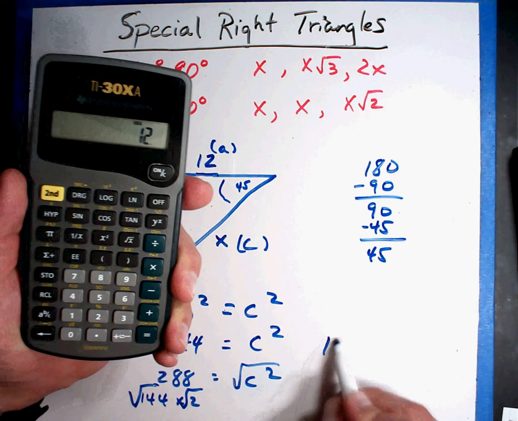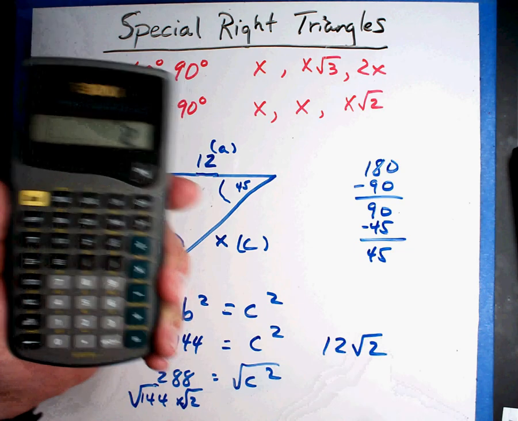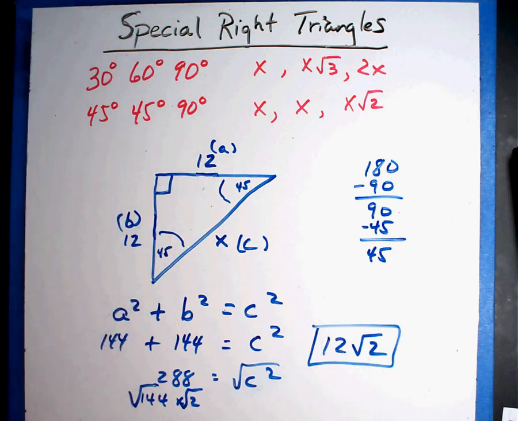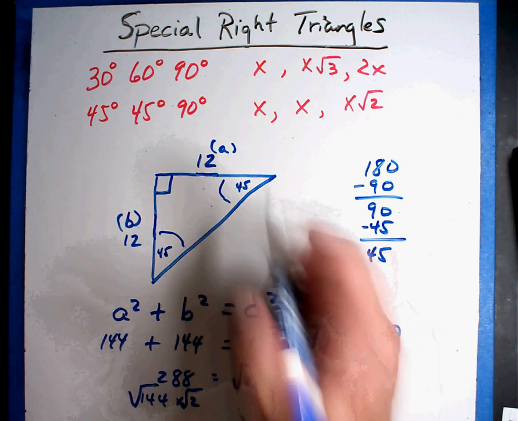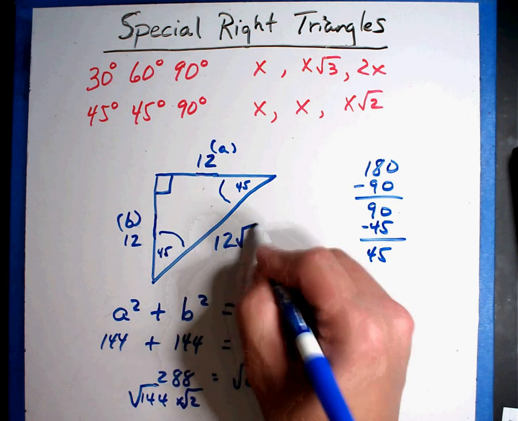I get 12, and the square root of 2 is left. That's actually my answer. That's how I can abbreviate it. And so what that means is this side right here is 12 square roots of 2.